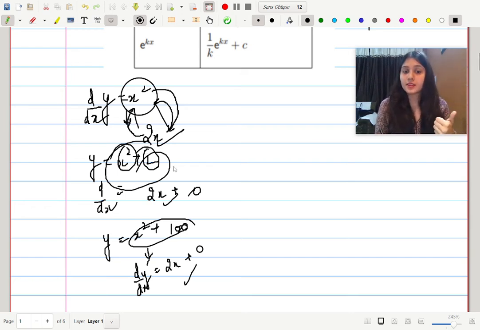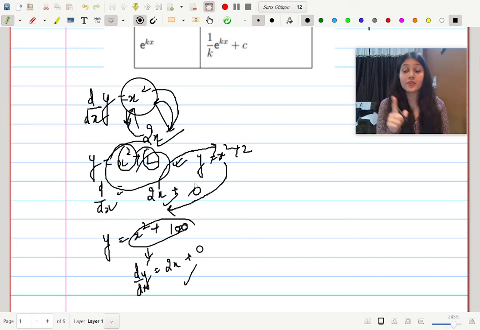But in this case where y is equal to x square plus 2, the differentiation is giving 2x, but the integration is giving only x square. It should have given x square plus 2 because my initial function was x square plus 2, right? But my answer after integration is just x square.